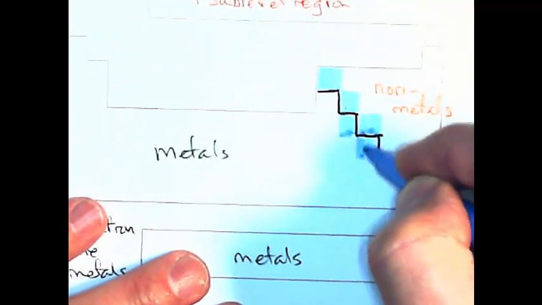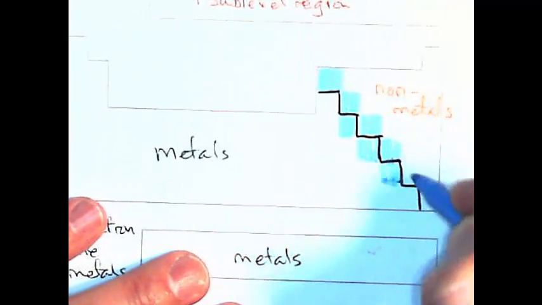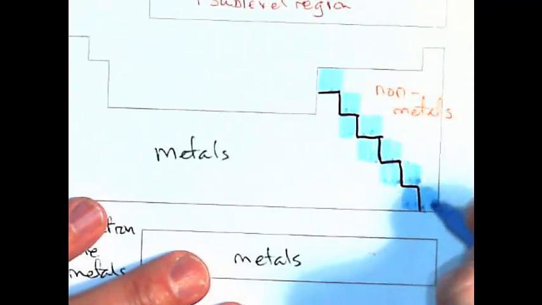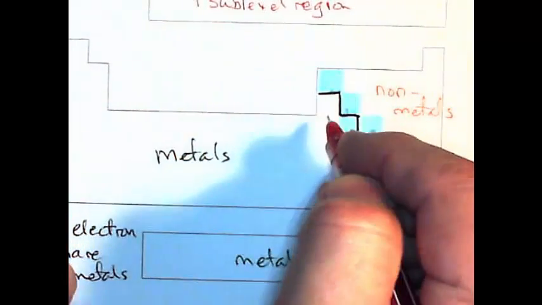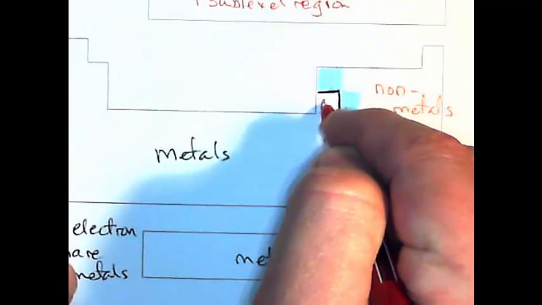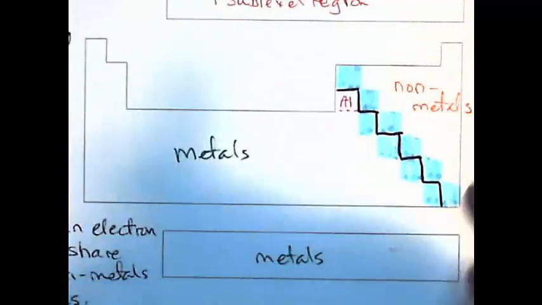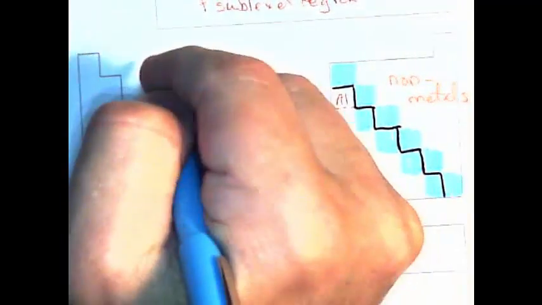So around that stair-step line, everywhere except for aluminum, so this is aluminum right here. I would suggest you have your periodic table out and you look at it while we're talking about this. Around that stair-step line, touching the stair-step on two sides except for aluminum, those are called metalloids.